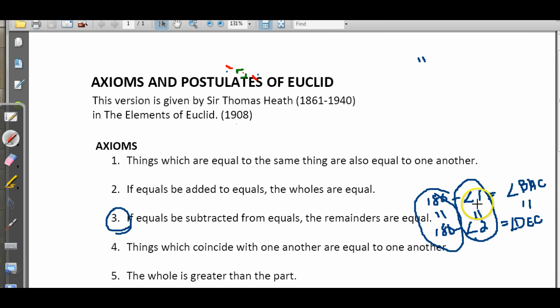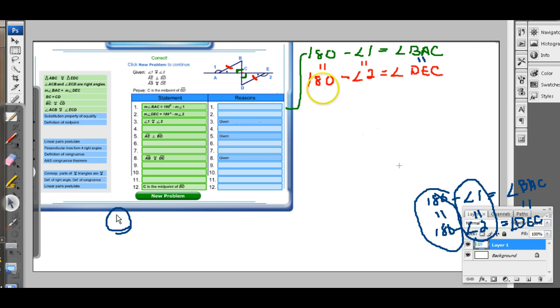If equals are subtracted from equals, then the remainders are equal. So with that, we can conclude that BAC is equal to DEC.